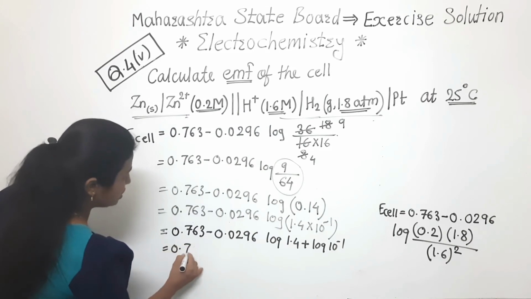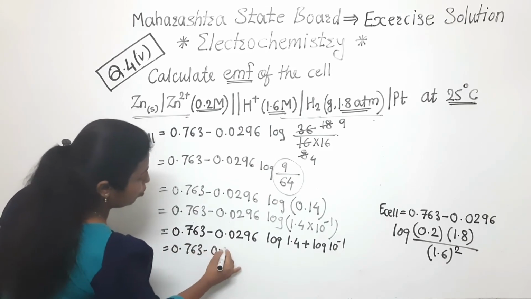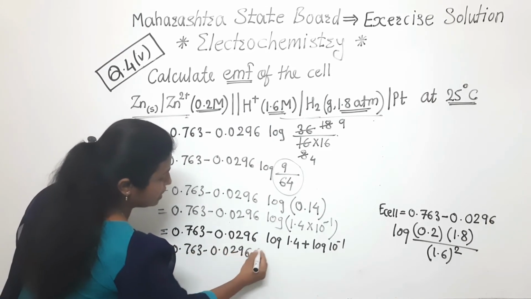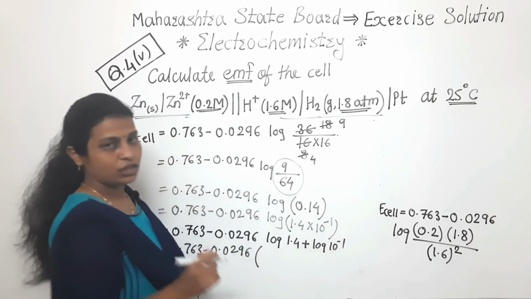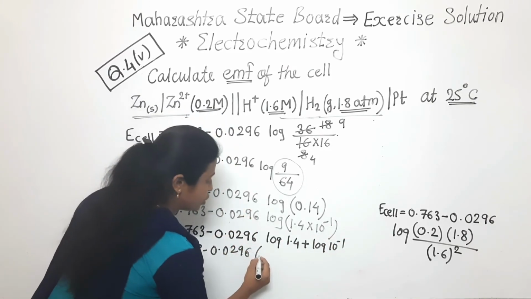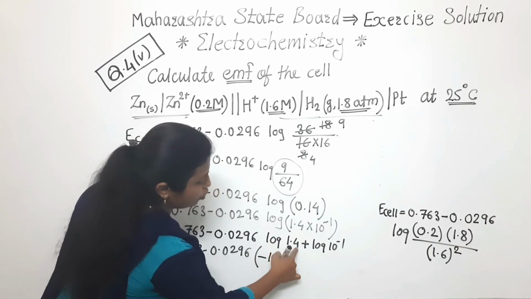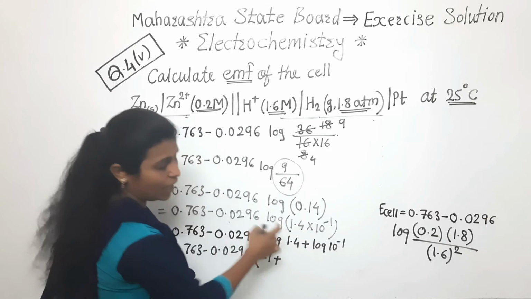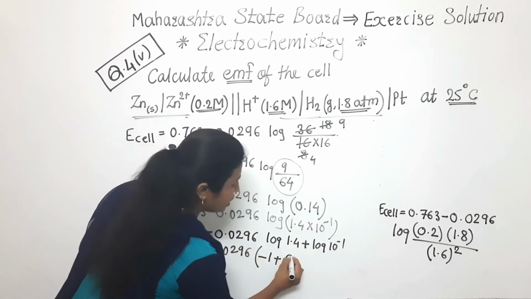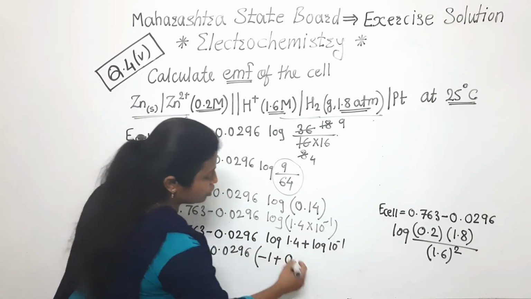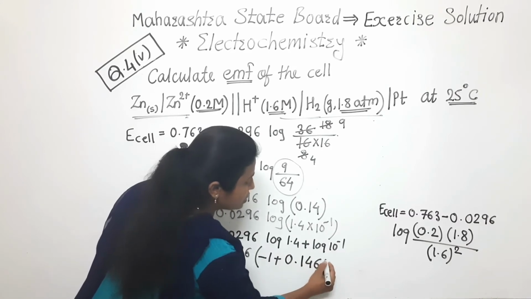So 0.763 minus 0.0296 into 10 raised to minus 1, that power will remain as it is, means here it will be minus 1, plus if we consider its log value, firstly we discuss its characteristic. Its characteristic will be 0, and its log is 1461.